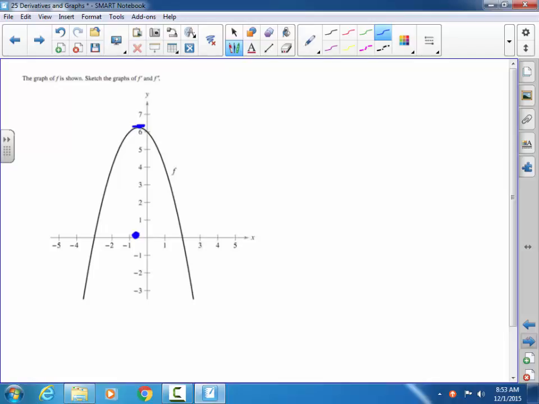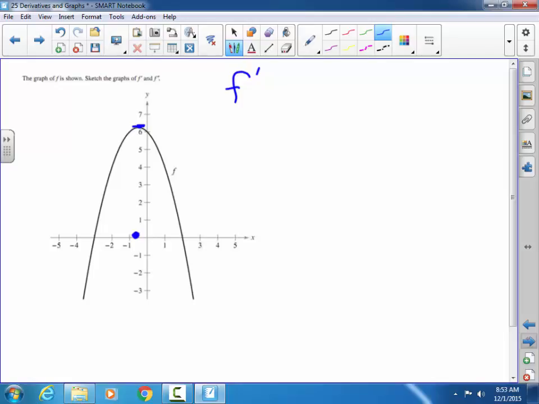Agreed? I'm going to do my f prime in blue. So do I have any other critical points of f? No, because the derivative never looks to be 0 anywhere else. So after this point, from -1 on, is the derivative positive or negative?